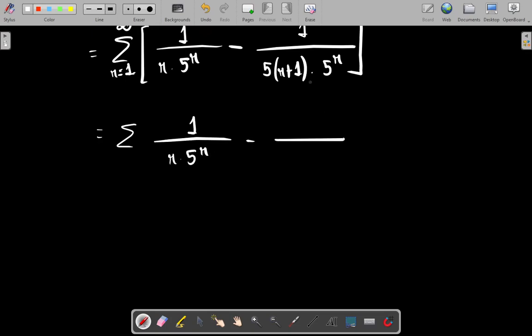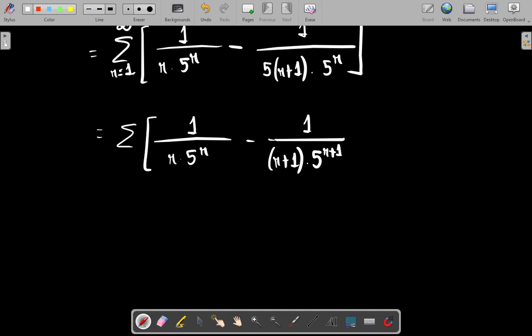So now I can write this second term. See, this is the product of 5 and 5 raised to the power r. If we apply the laws of indices, this will become r plus 1 times 5 raised to the power r plus 1, right? 5 times 5 to the power r is 5 raised to the power r plus 1.